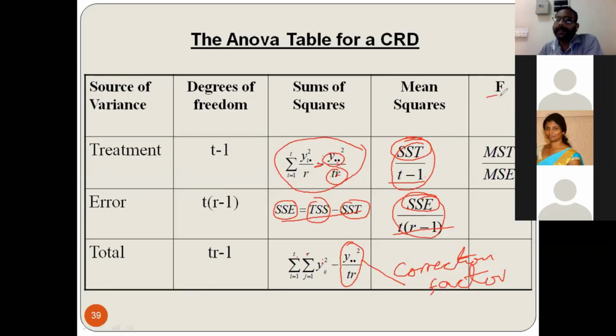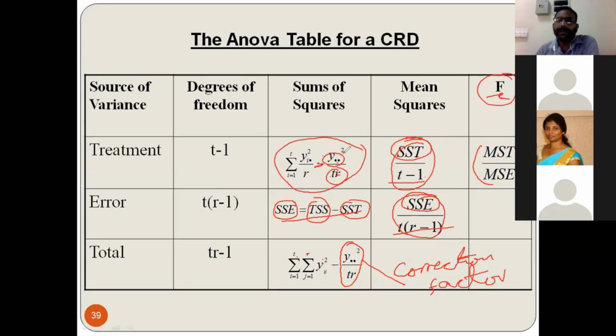Then we have the F calculated value, which is simply mean square of treatment divided by mean square of error. All right. So this is how we calculate the F value. The most important is this value, F, sometimes we call it FC, the calculated value.